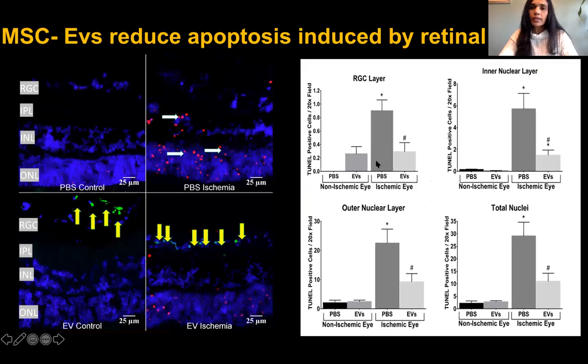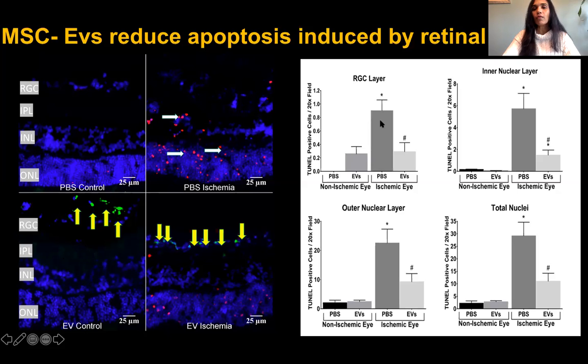We also analyzed apoptosis in these eyes. We did a TUNEL study for apoptotic evaluation. This is the control eye, and this is ischemia alone. We see that there is increased apoptosis in the ischemic eye 24 hours post ischemia, and after injection of EVs, the number of TUNEL positive cells is significantly reduced.